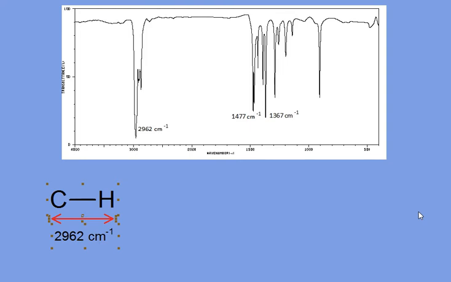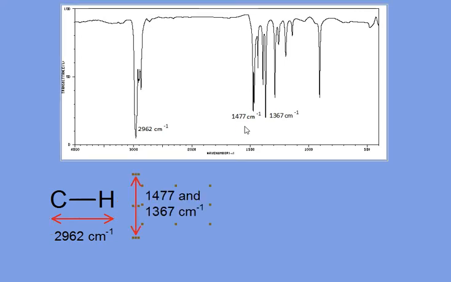And the only other thing to report are these vibrations at 1477 and 1367, which are the bending vibrations: in plane at 1477, sometimes called scissoring, and then out of plane bending at 1367, which we sometimes call rocking. So no real signs of any major functional groups there, just a normal run-of-the-mill hydrocarbon.